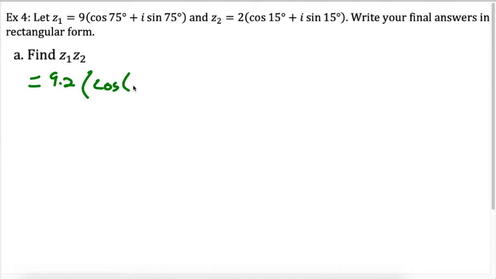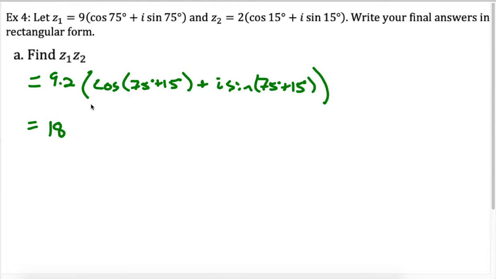So this will be cosine of 75 plus 15, plus i times the sine of 75 plus 15. All right, and then I just want to simplify here. So 9 times 2 is 18, and then this will be the cosine of 90 plus i times the sine of 90.